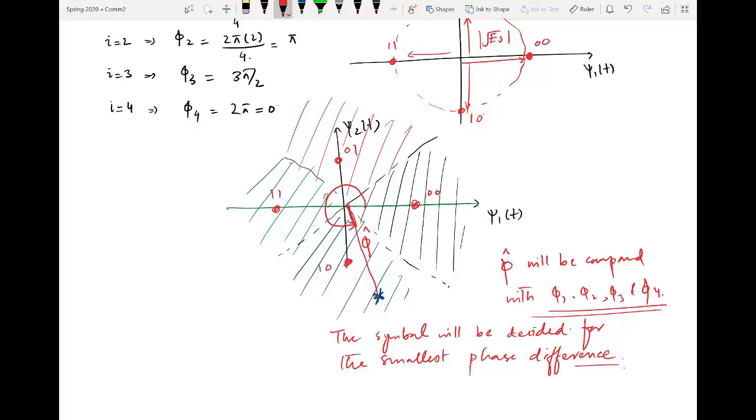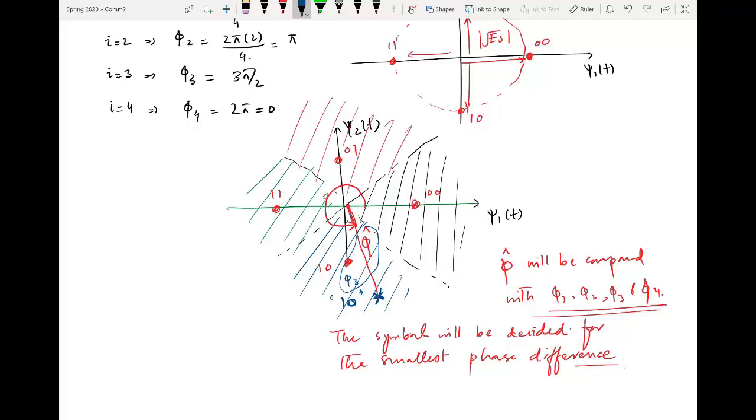Right? So in this particular case, you can easily see that the detected symbol will be the symbol 10. This symbol will be detected because it is nearest to the angle phi 3. If we say this is phi 3, phi hat is very close to phi 3 as compared to all the other angles.